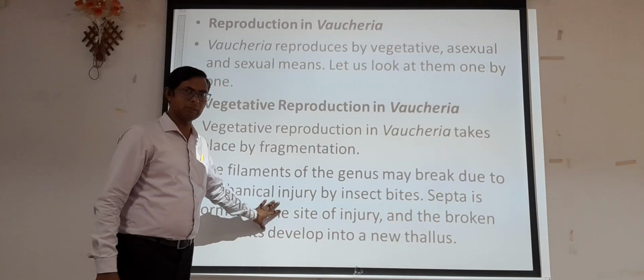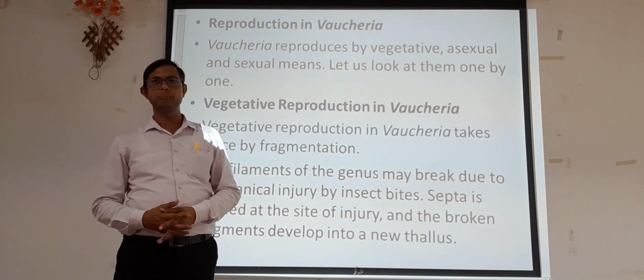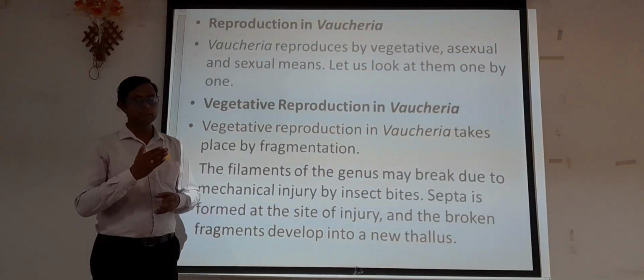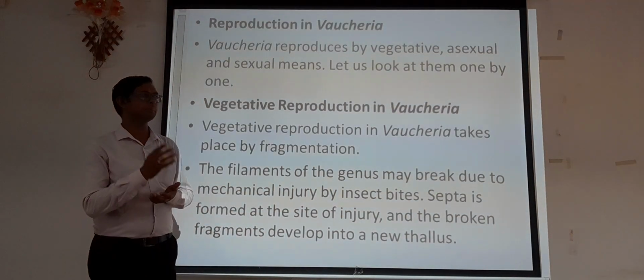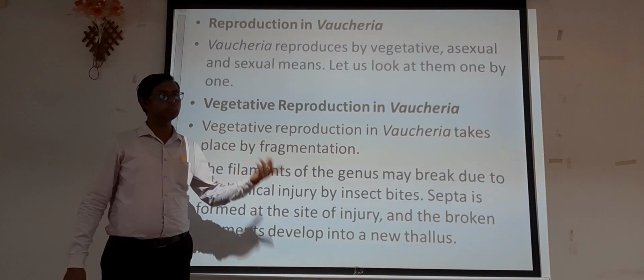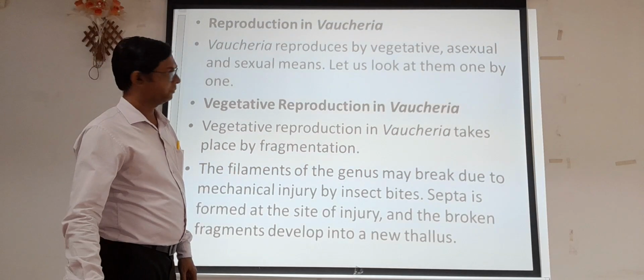So it is accidental breakage, breakage due to, suppose, an insect. Sometimes different activities are there, and due to those activities, if the plant breaks, it starts to produce a new plant body, and this is known as accidental breakage.